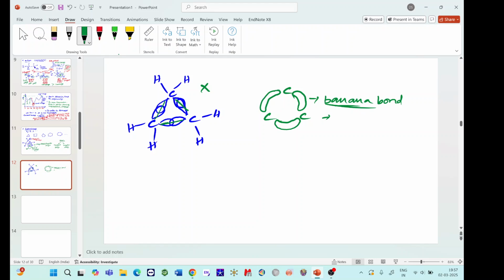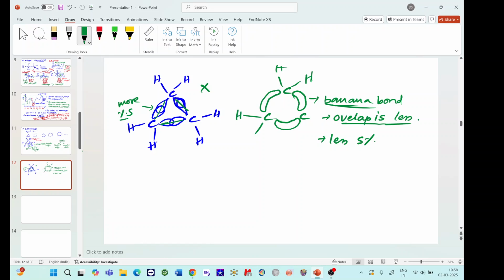And what does it mean? Overlap is less. And one more thing is that if you have proper overlap, there will be more s character. But where you have this bent, less overlap, then you have less s character. And where does this extra s character go? In the CH bond.